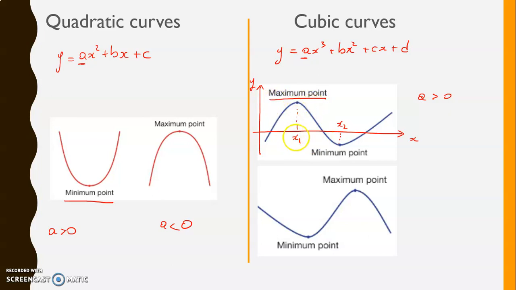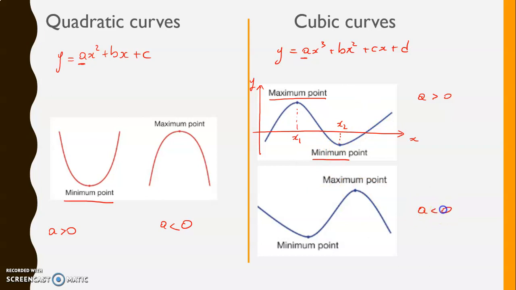How do we know this is smaller? Because it's closer to 0, or it's to the left hand side of x2. And the point that has the greater x coordinate will be, in this case, the minimum point. So by inspection we can actually classify the stationary points.